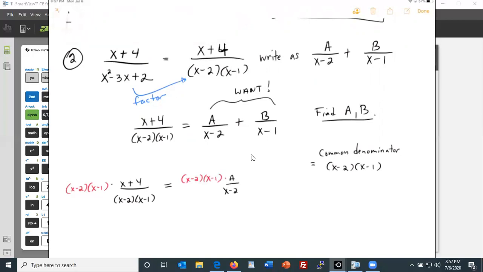So I just multiplied the common denominator to the a term plus the common denominator multiplied to the right side, b over x minus 1.